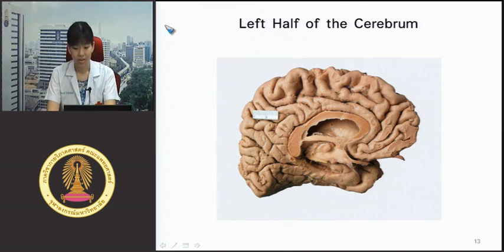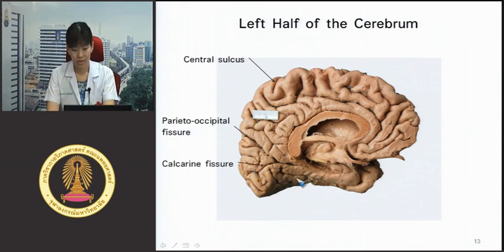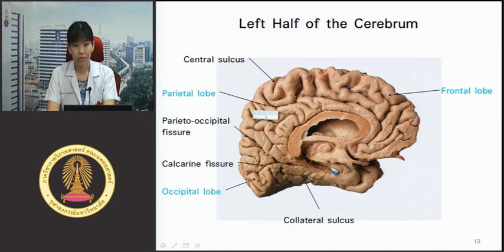On the medial surface of the left cerebral hemisphere, the central sulcus, parieto-occipital fissure, calcarine fissure, and collateral sulcus are located. Observe part of the frontal lobe, parietal lobe, occipital lobe, and temporal lobe.